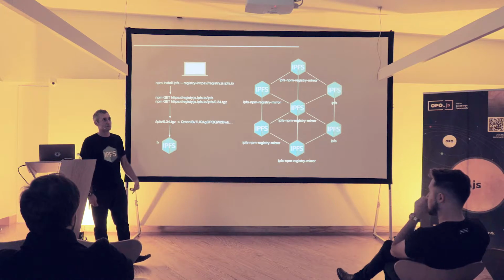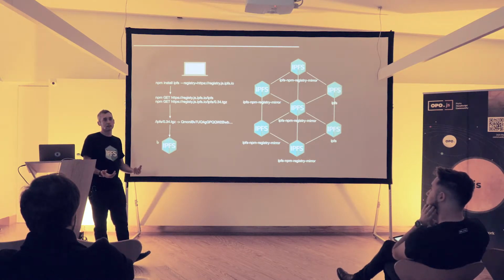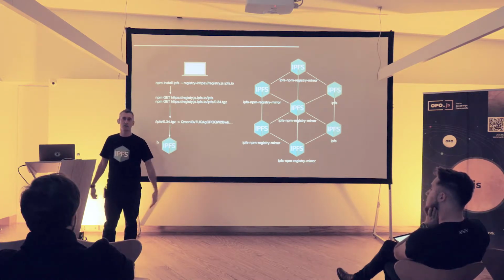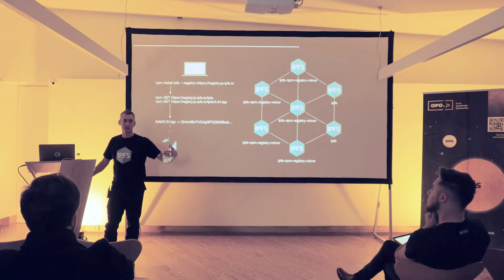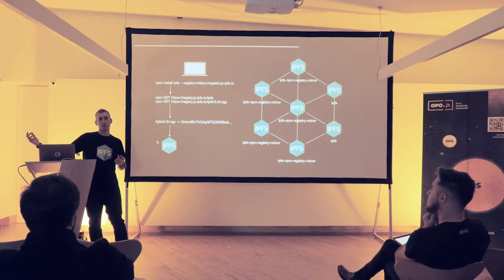The way it does this is by having a copy of the module's manifest, which has a list of tarballs for given versions, and each tarball has a CID. If it doesn't have the CID, that's when we go to NPM, we get it, we save it in the manifest, and then next time someone requests it, we have it.